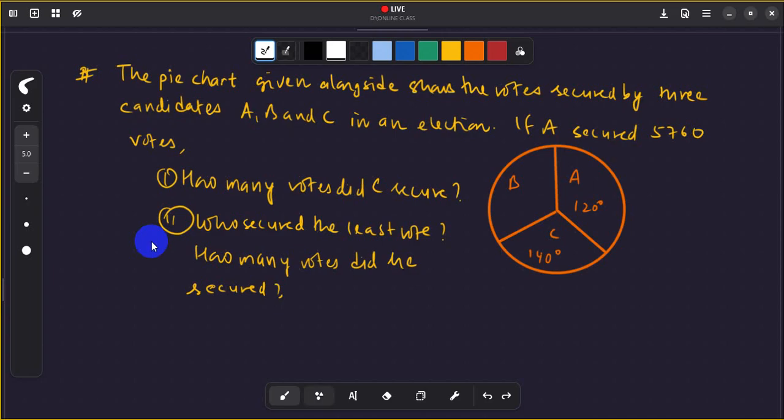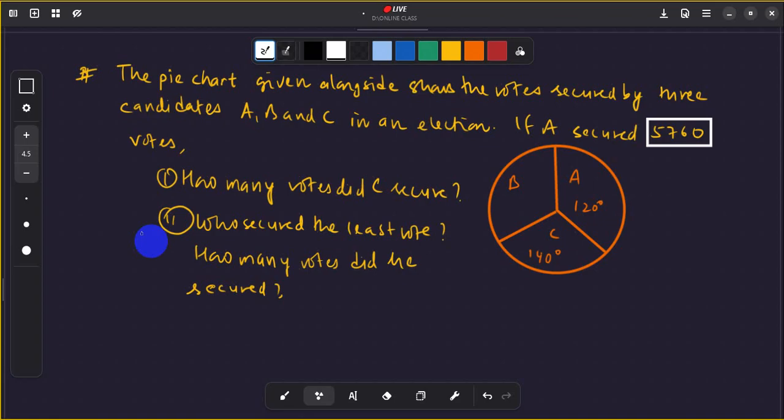The value that is given here, 5,760 votes, is not the total vote. In the previous questions, the total values were given, like the previous question that we did just now had the total expenditure given.